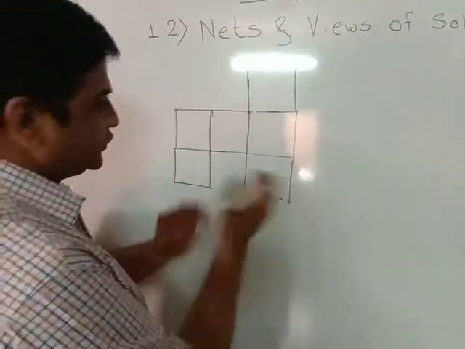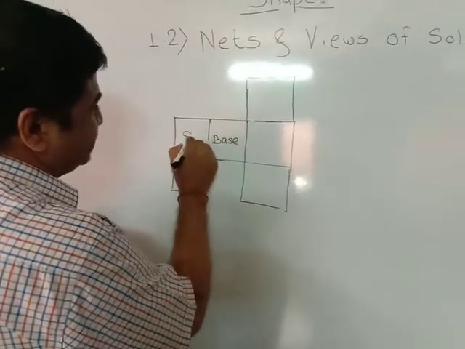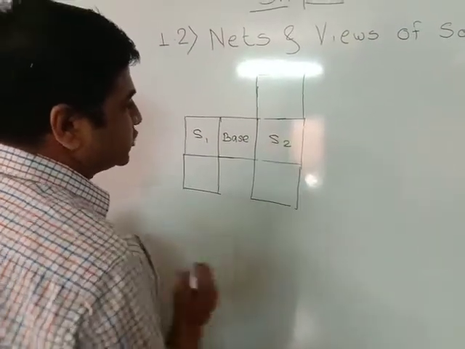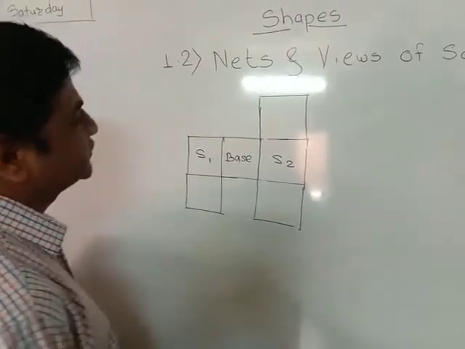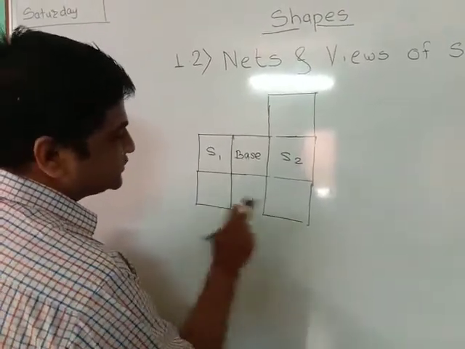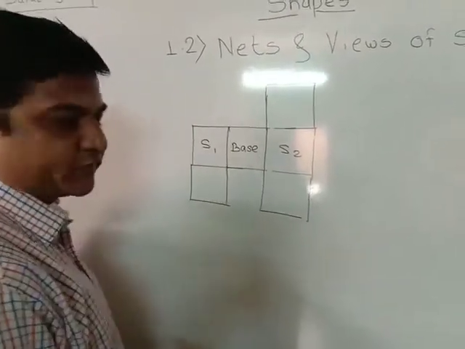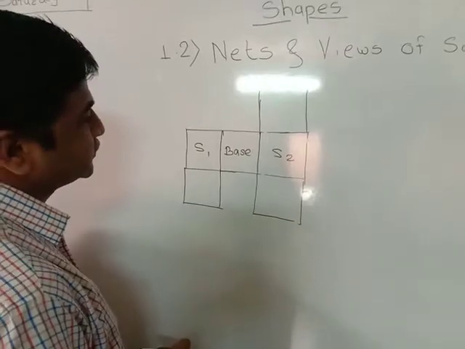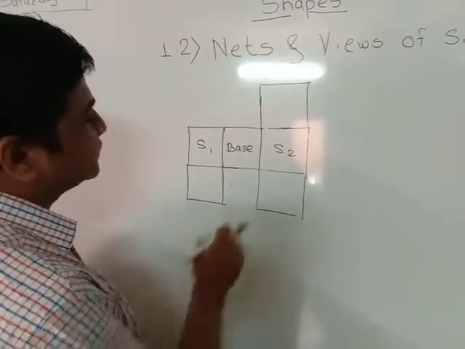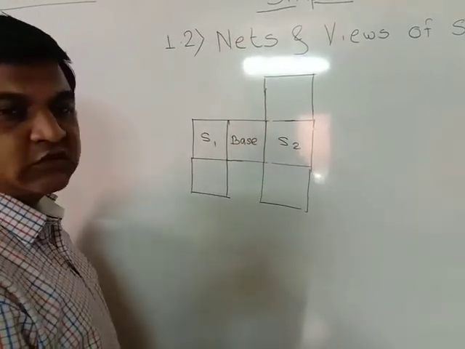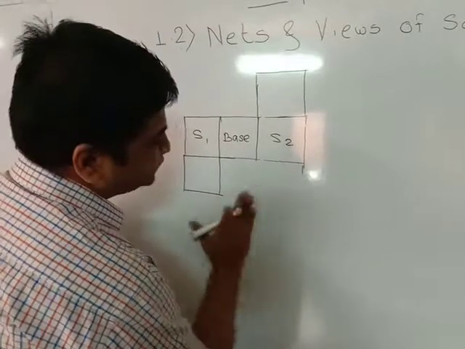Let's try to fold this. If I suppose that this is a base, this is side 1, side 2. If I fold these two and then try to fold it like this, then you'll find that these two faces will form the front face and overlap each other, and this will form the back, and this particular figure or solid will not have the top. So we will rearrange it.